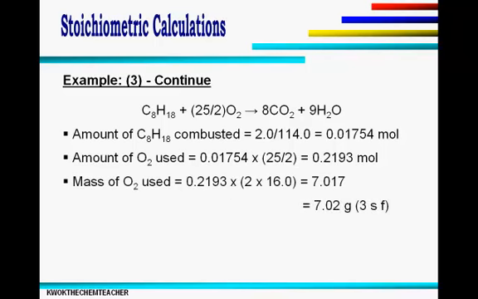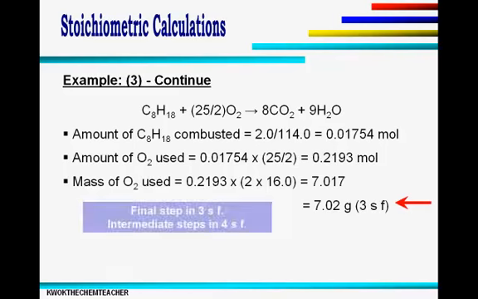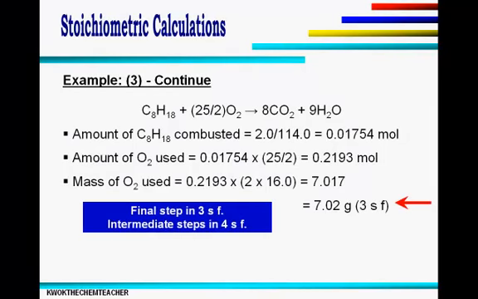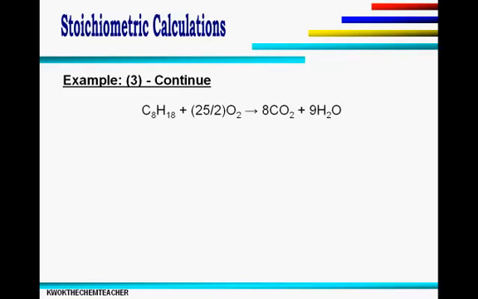The mass of oxygen used will therefore be the number of moles of oxygen multiplied by its molar mass, which is 2 times 16. That will give me 7.02 as a 3SF answer. Do once again take note that the final step is in 3SF and the intermediate steps are usually in 4SF.